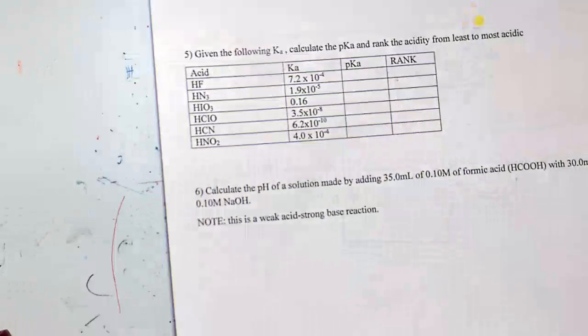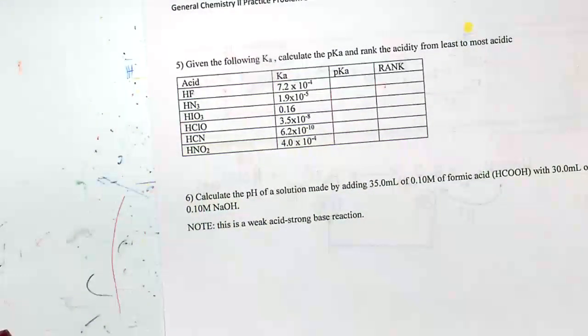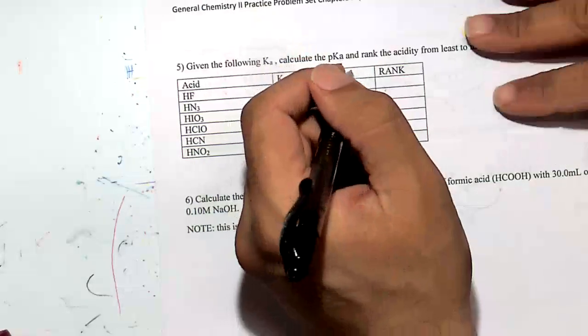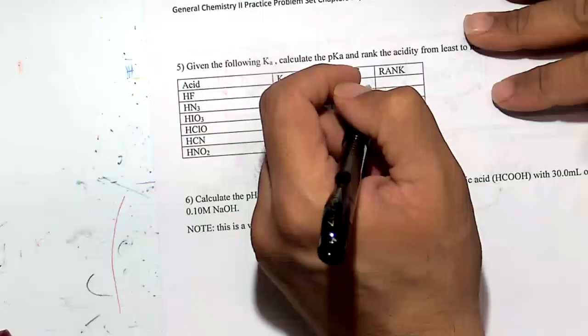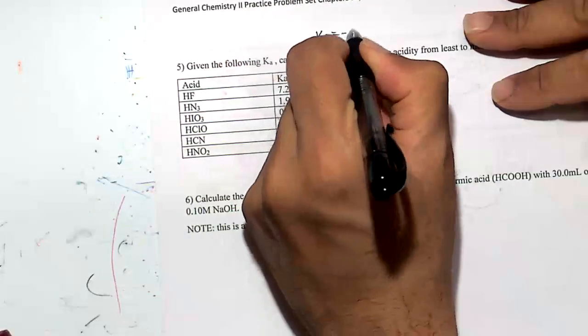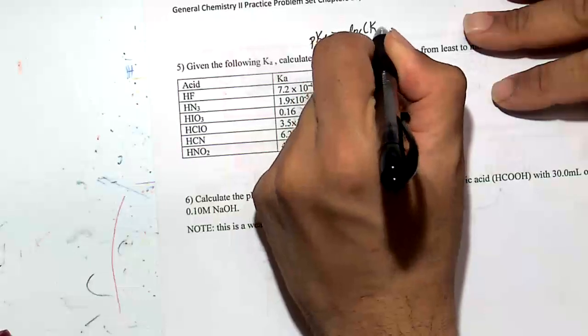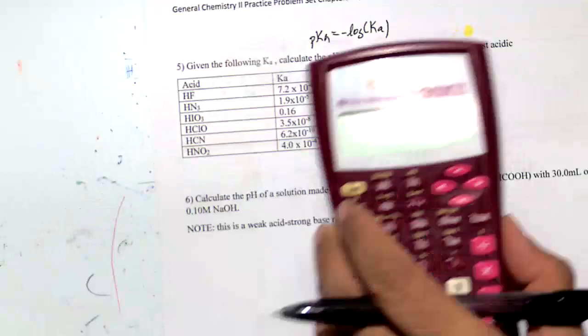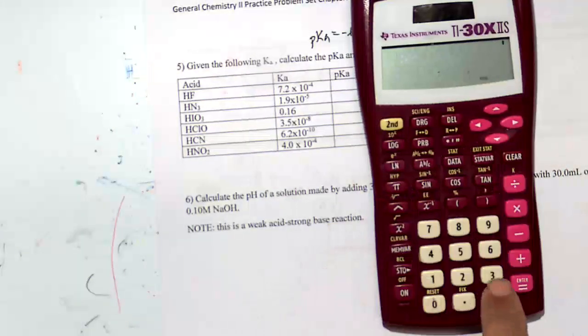All right, ranking acids here. All right, so pKa, that lowercase p stands for power. Okay, power. So pKa is equal to minus the log of Ka. So let's quickly minus the log these guys. Okay, so let's do that fast.